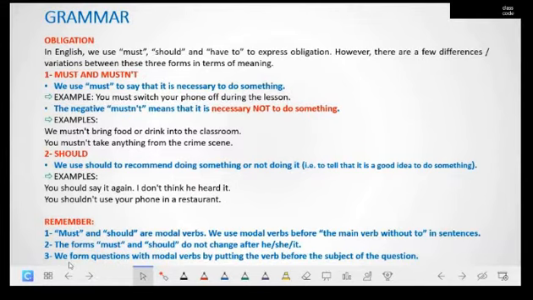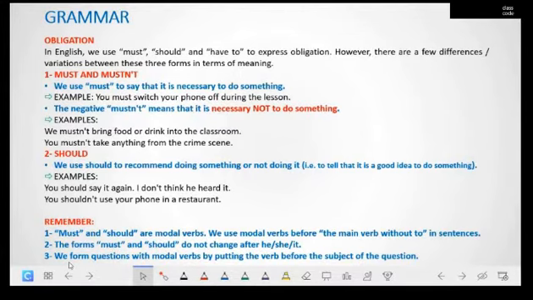Muhammad Adil Muhammad says, we use must when it is necessary. Excellent, Muhammad Adil. All right. We have Mustafa Hani. Mustn't means that it is something that is necessary not to do. All right.